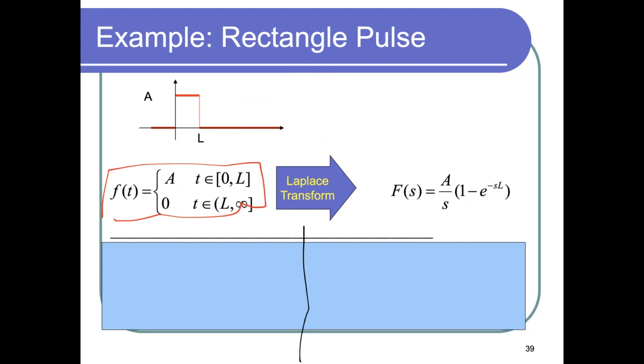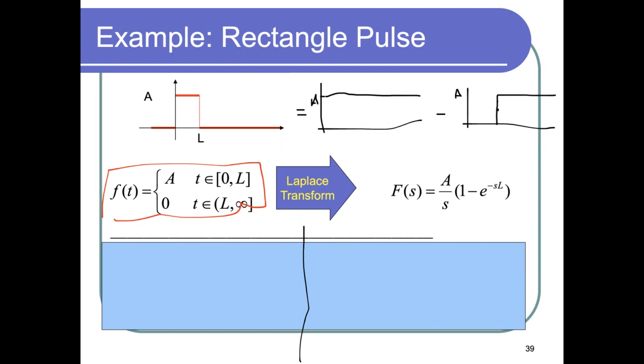For example, this function is equal to a step with a as magnitude, minus another step that is shifted. Do you guys agree with this? Yes. Okay. So we have these two.